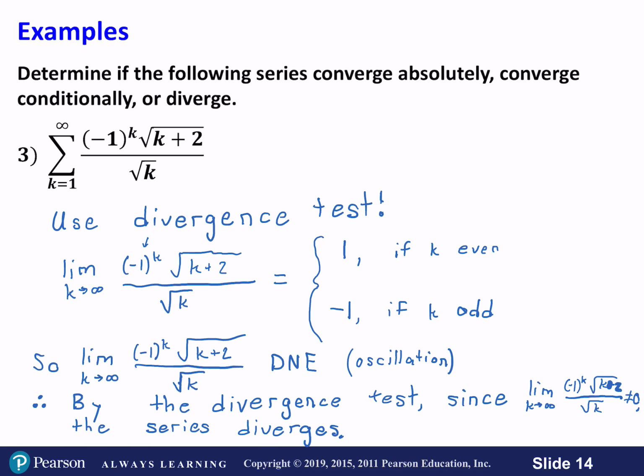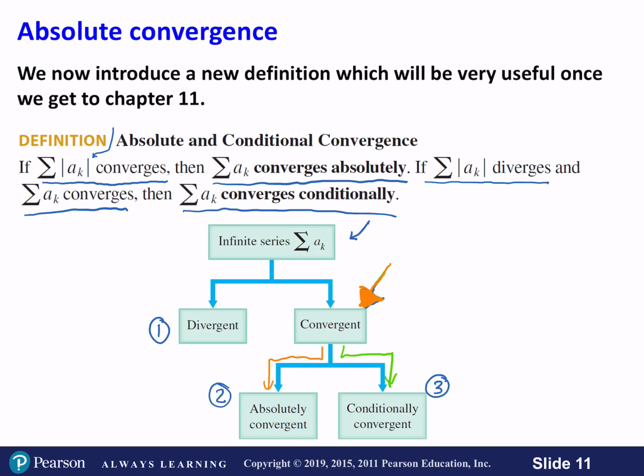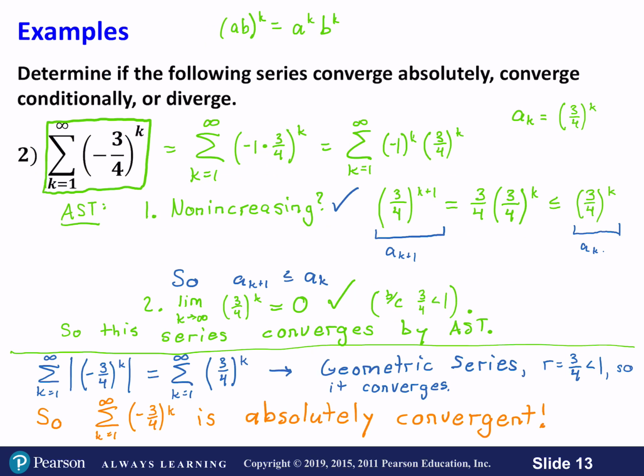And we're done. There's nothing more to test. Remember, if we go back to our little chart here, if we land in the divergent case, then we're done. It's just divergent. There's no chance that it falls into any other category.